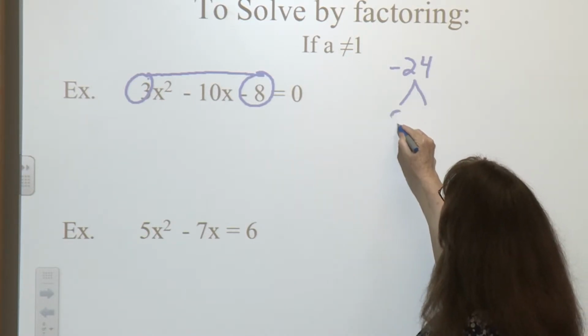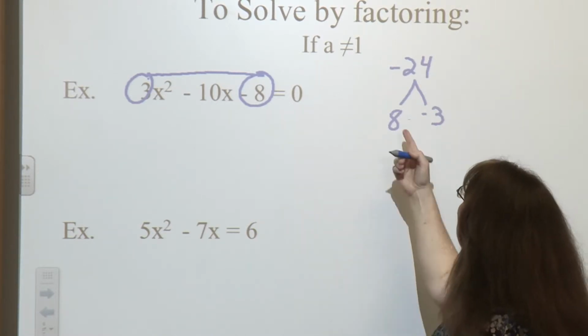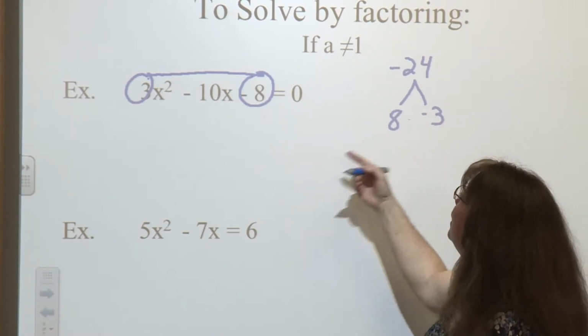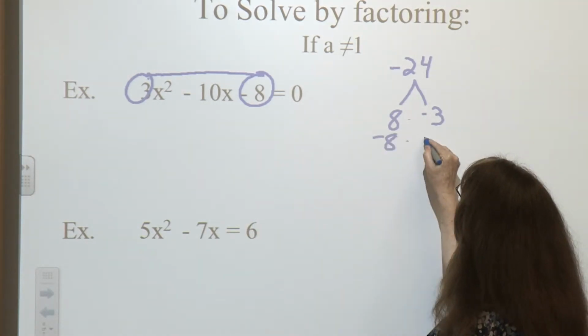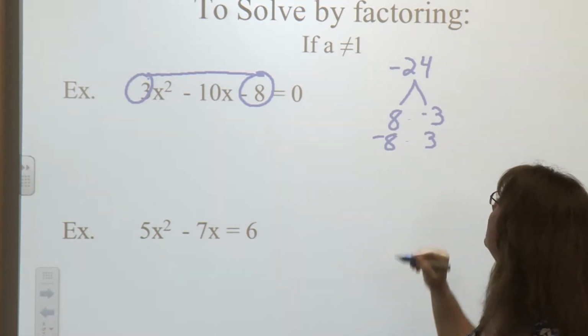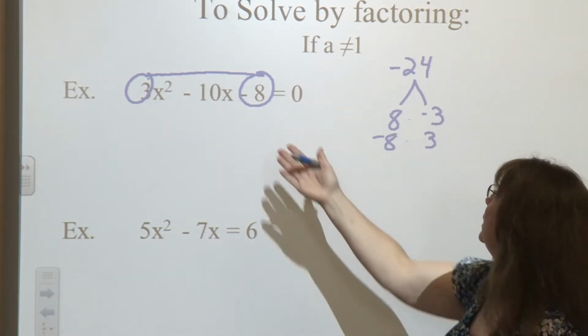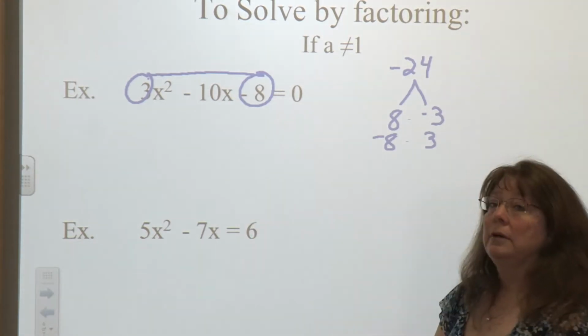We had 8 and 3 last time, so let's try those again. If I add 8 and negative 3, I'm not going to get negative 10. Also remember that you have to switch the negative sign. So negative 8 and positive 3. Again, I'm not getting negative 10. But I do notice I probably want the bigger number to be negative.